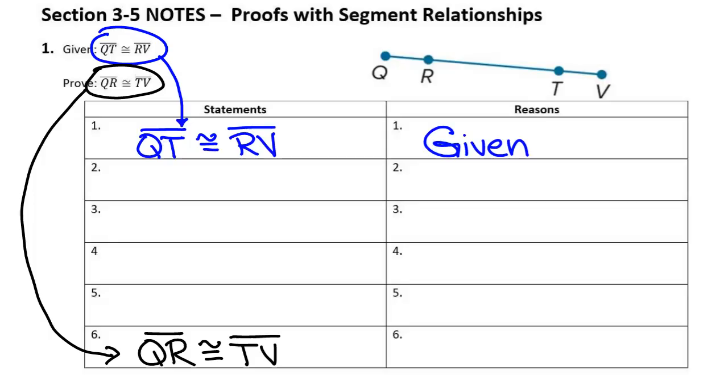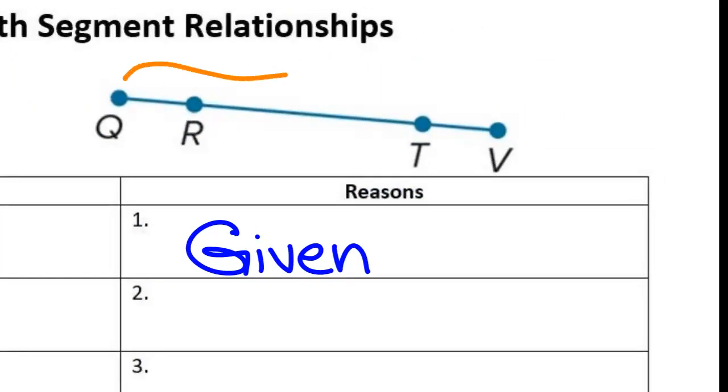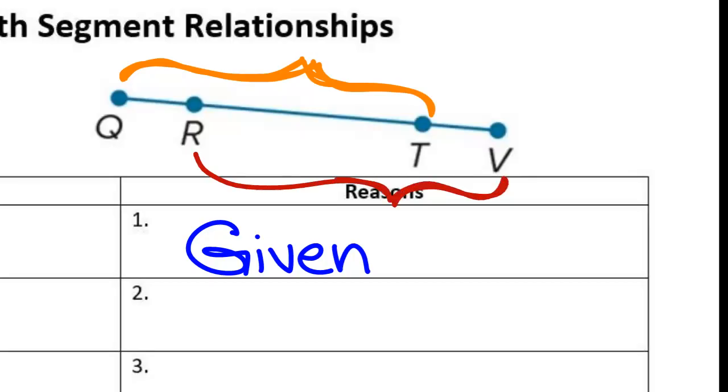All right. So let's look at this picture here. We know that QT, this is QT, is congruent to RV, this segment right here. So QT, this whole thing right here, is the same size as RV, this piece right here.